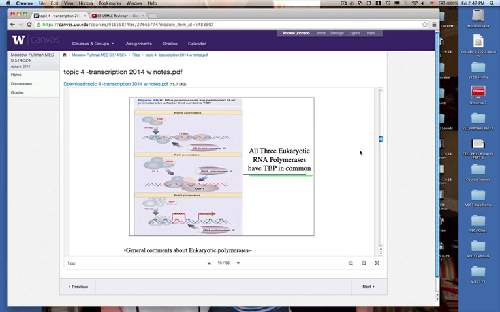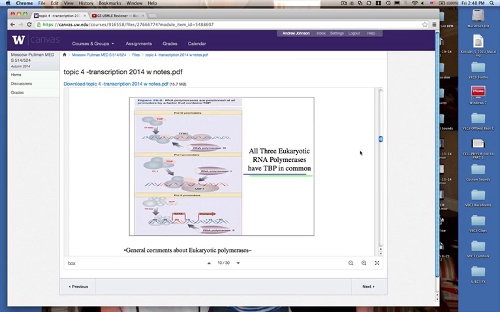Each polymerase has a different set of factors. We're not going to go over who's who and what's what, because you don't need to know all those names. However, you can see that each polymerase has its own set of factors that goes along with it. Pol 3 has the TF3 binding group, Pol 2 has the TF2 binding groups, and Pol 1 has the TF1 groups. This is SL1, one of the major components used for Pol 1.